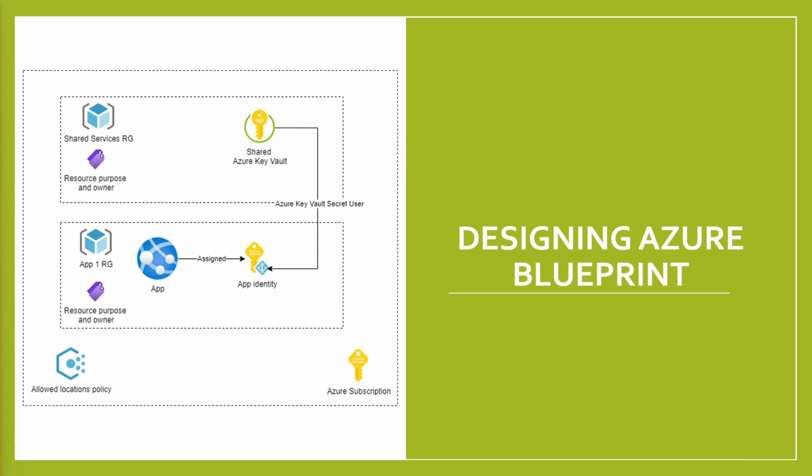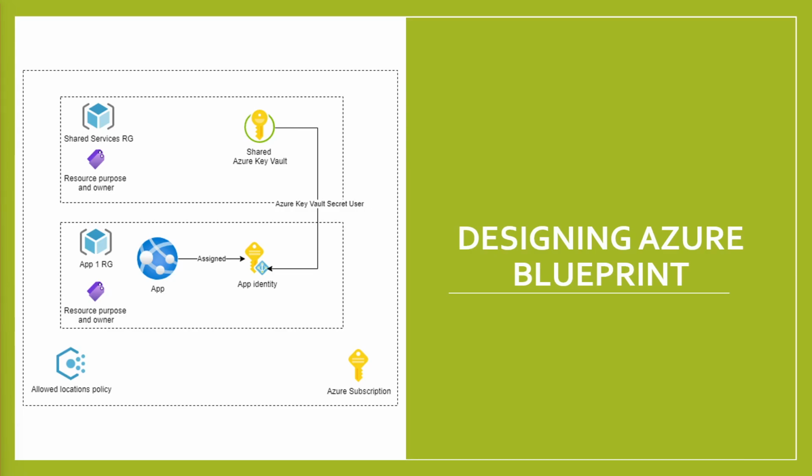The way that this is going to work is we have an application identity, or a managed identity, created in the application specific resource group, which is the app1rg, and it will be assigned the Azure Key Vault secret user role. So any services like App Service can be assigned that identity and automatically have access to Azure Key Vault, just because of that role assignment.